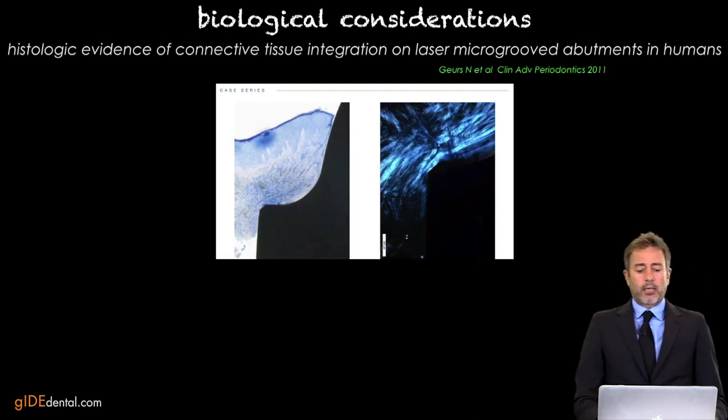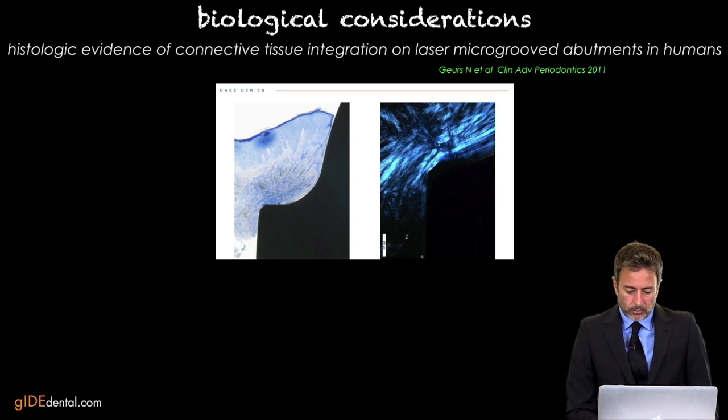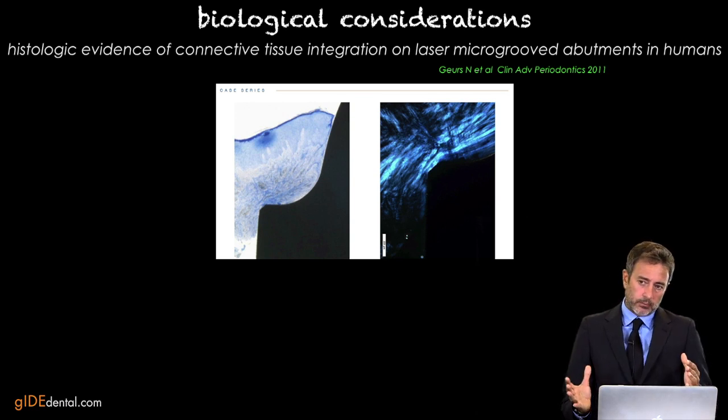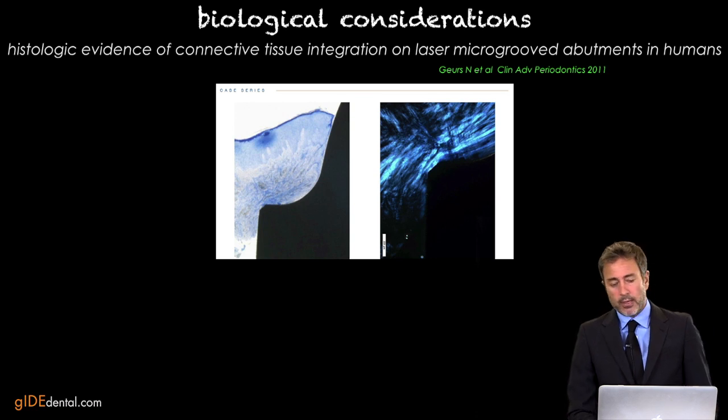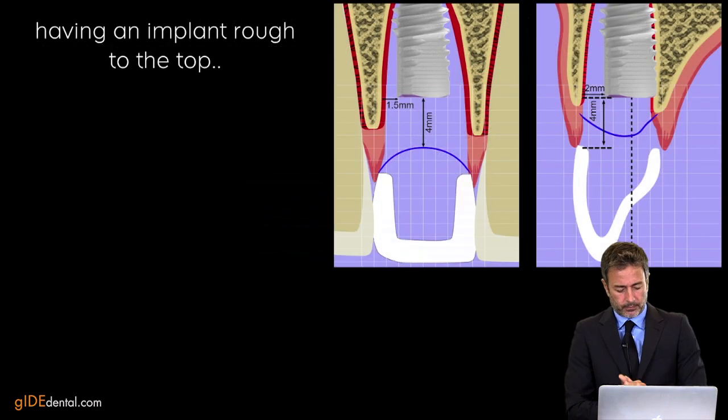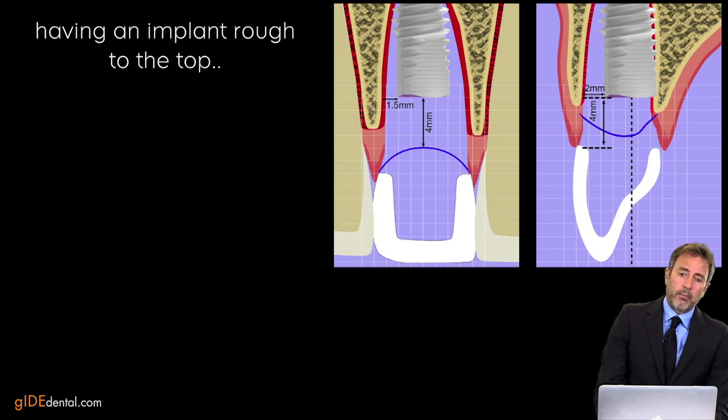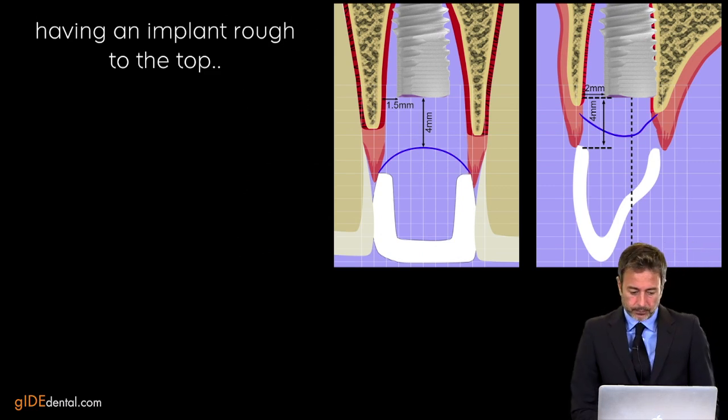And also we have some histological evidence from the Nevins group, on abutments that were roughened, the Laser-Lok abutments. We could find histological evidence of connective tissue integration on these rough abutments. So having an implant rough to the top is beneficial.